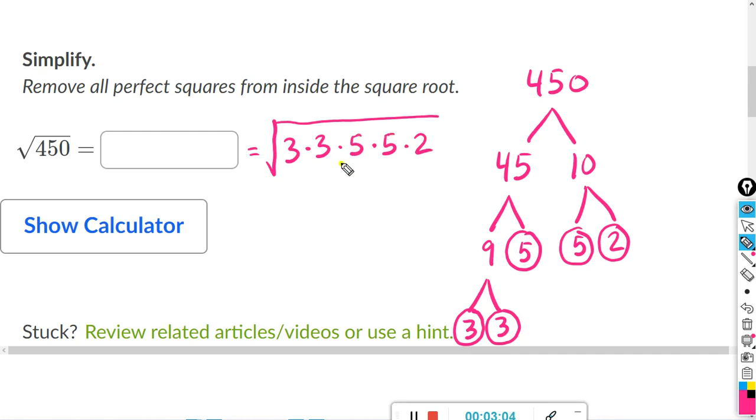All right. Wherever you see two of the same number multiplied by each other, you pull that out of the square root symbol, the radical symbol.